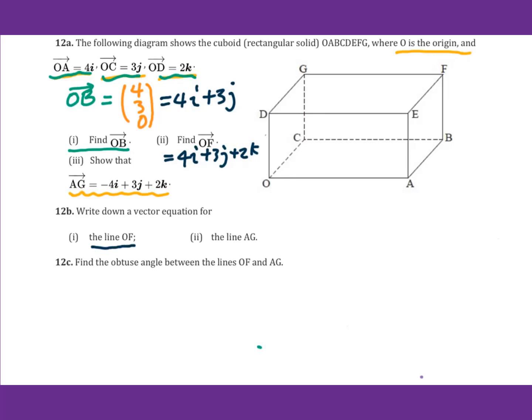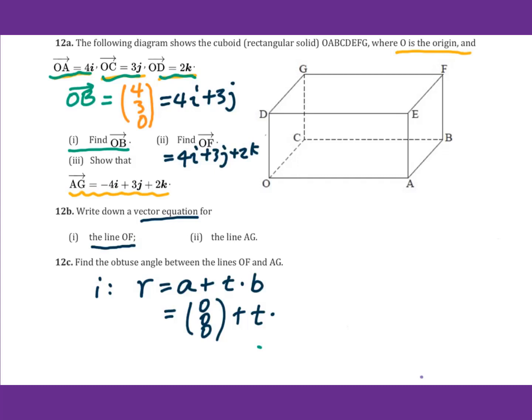Now write down a vector equation for the line OF. We know the line for OF, we need r equals a plus t times b. That is a vector equation. For the a part, we know that is 0, 0, 0 plus t times, this is a direction vector.